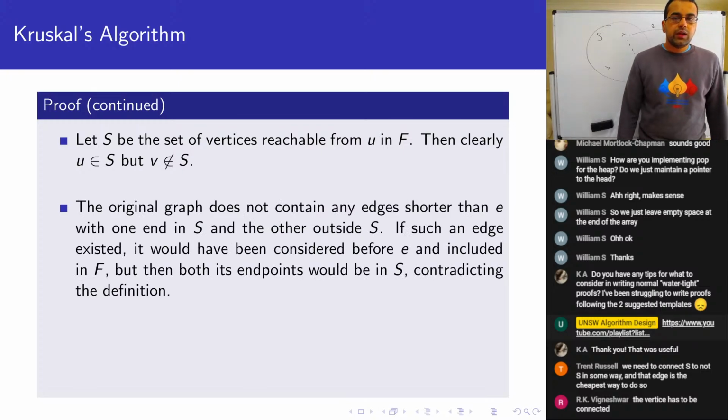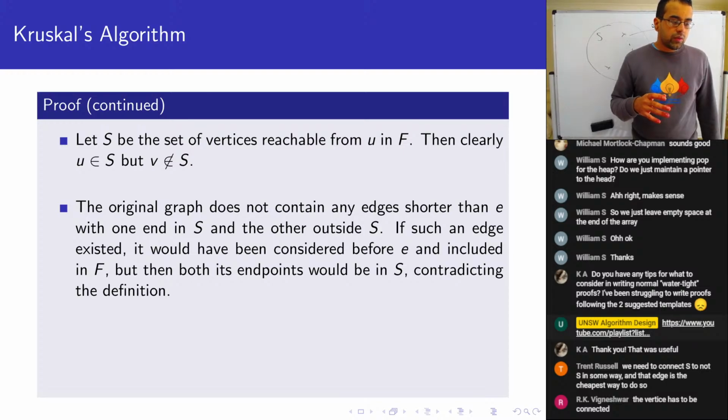Now, we need to justify why this edge between U and V is a compulsory edge to take in any minimum spanning tree. And indeed, if all the choices we make are compulsory, then certainly the minimum spanning tree is unique. Well, why is this the case?